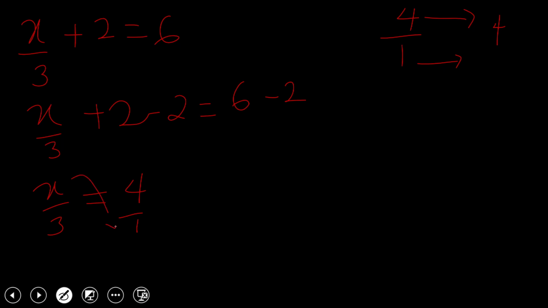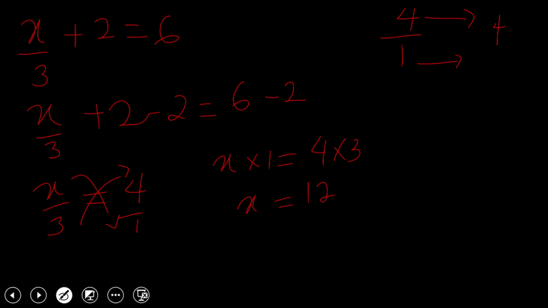So x is going to multiply 1 and 3 is going to multiply 4. So you have x times 1 equals 4 times 3. x times 1 is x, 4 times 3 is 12. So what this is telling us is that x is 12.